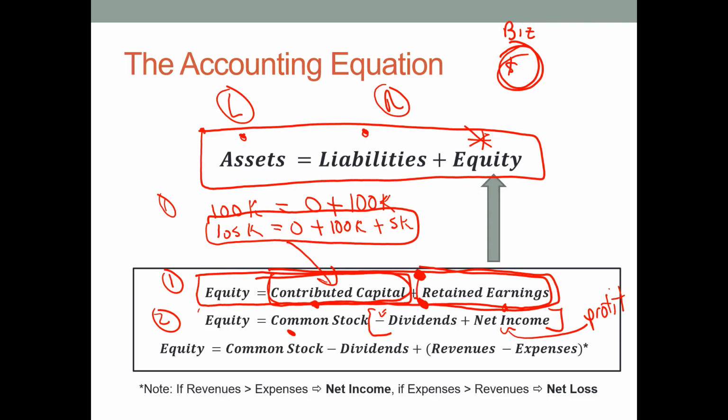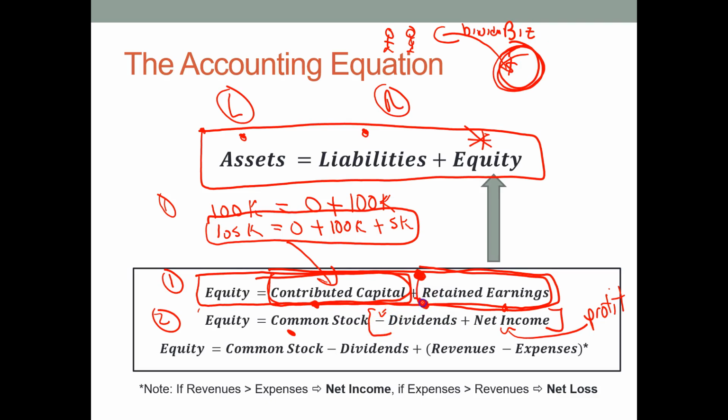Now, at some point, maybe the business decides we have a bunch of cash. Let's distribute this out to our individual shareholders. Okay. This distribution is called a dividend. When value is taken out, when you're taking cash out of the business and distributing it to your shareholders. That's why this is a subtraction.